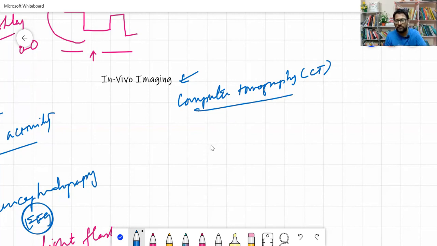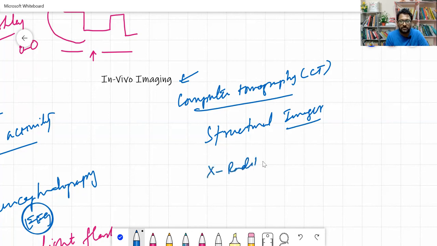The CT, also known as computerized axial tomography, CAT, provides structural images. To generate brain scans, a low level of X-ray radiation is passed through the individual's head at a series of different angles, so that we get structural images of the brain.